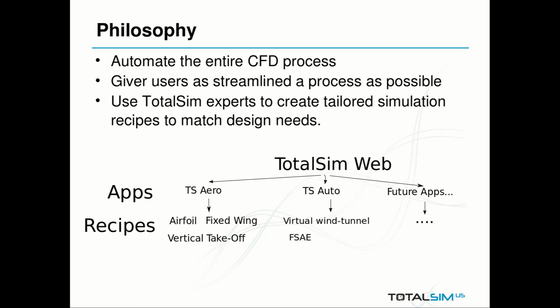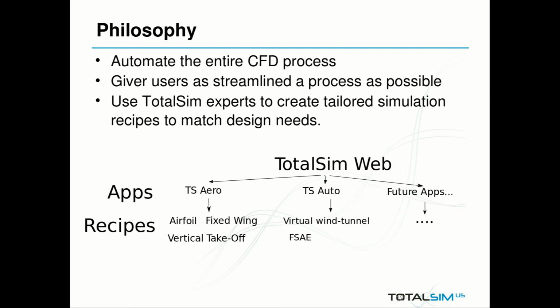And so that leads us to the guiding philosophy of the TotalSim Web platform, which is that essentially we provide a tailored solution for each unique need and industry that we can predict. And so you can imagine an automotive versus an aerospace simulation is going to be completely different.